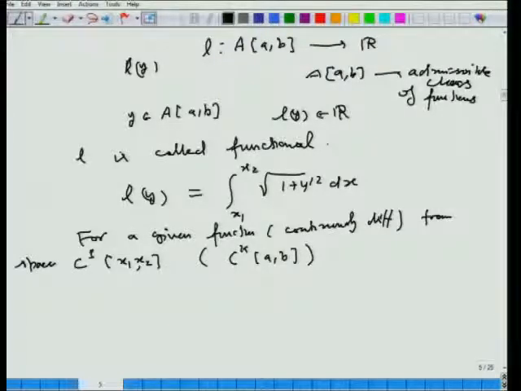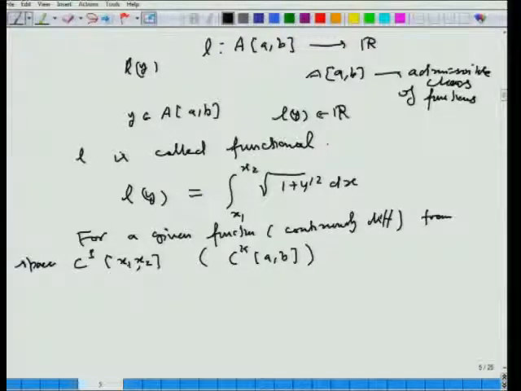So, we are considering only real valued functions here, and an element here will be called an admissible function. So, this is the admissible class C1 of a, b, where a is x1, b is x2.